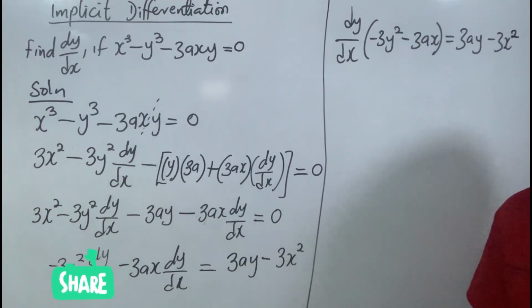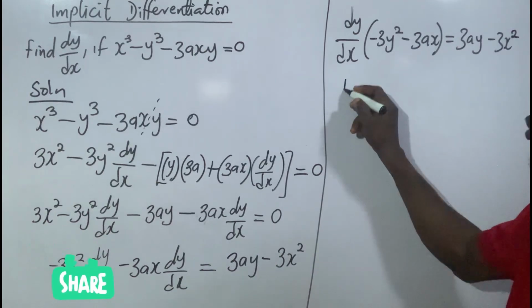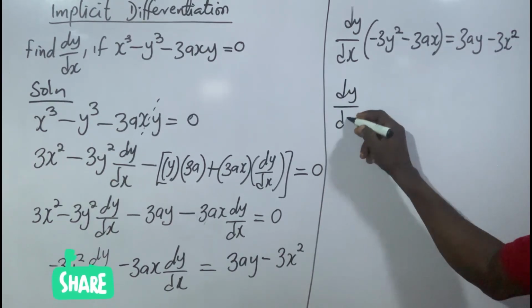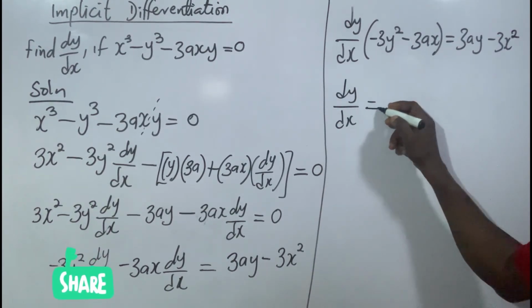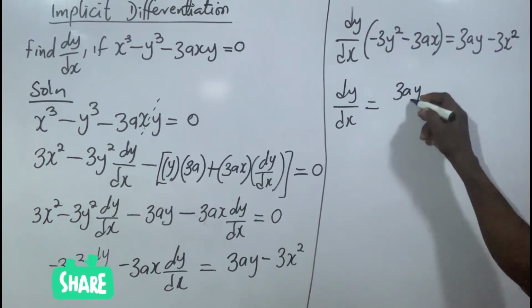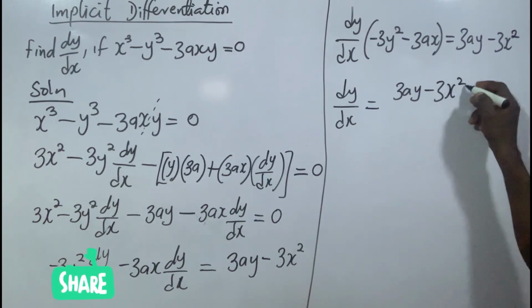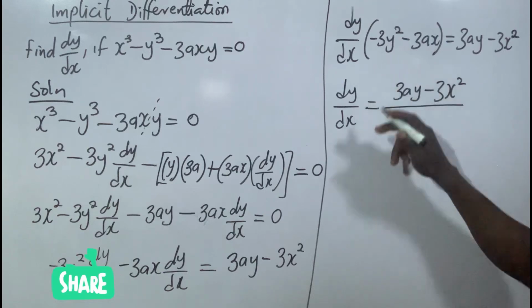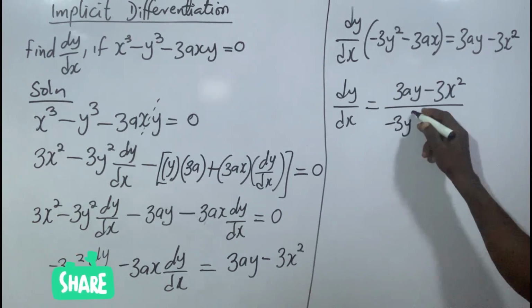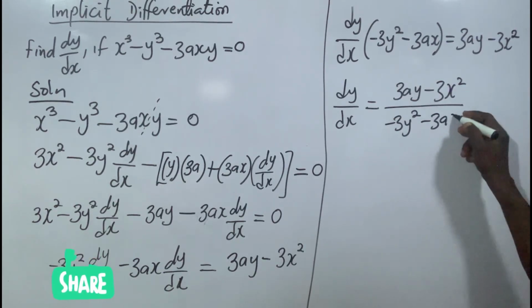Okay. So I make dy/dx the subject of the formula now. That will be equal to 3ay minus 3x squared over minus 3y squared minus 3ax.